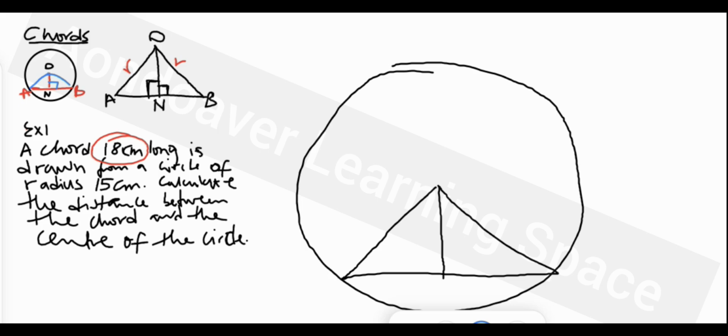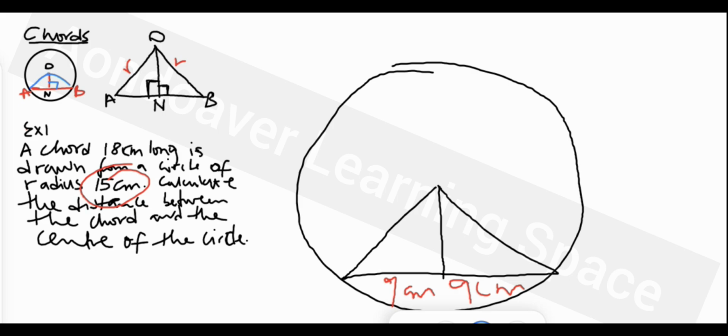So we divide it by 2. We divide that 18 by 2 because that perpendicular divides that chord into two equal parts. So 18 divided by 2 gives us 9 centimeters. So the distance along the chord from the circumference to the point where it intersects with the line that shows the distance between the chord and the center of the circle is 9 centimeters and 9 centimeters respectively for the both triangles.